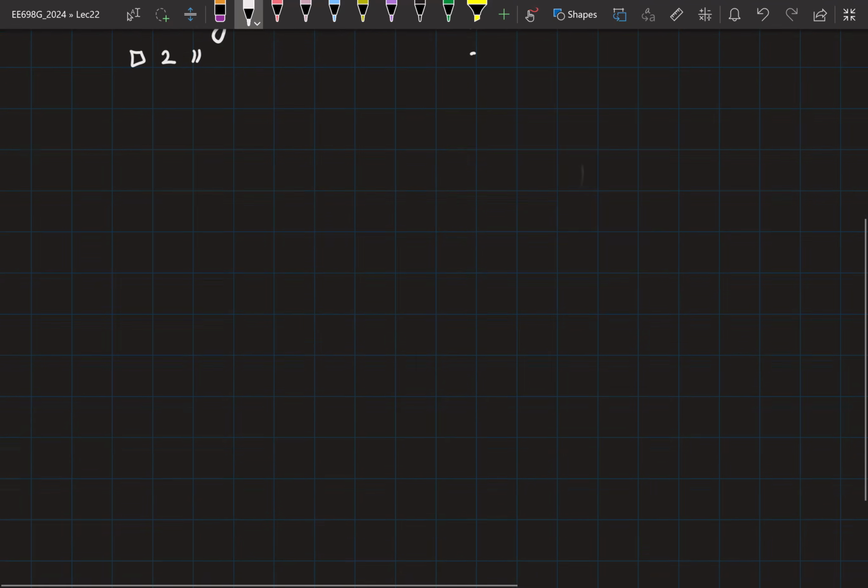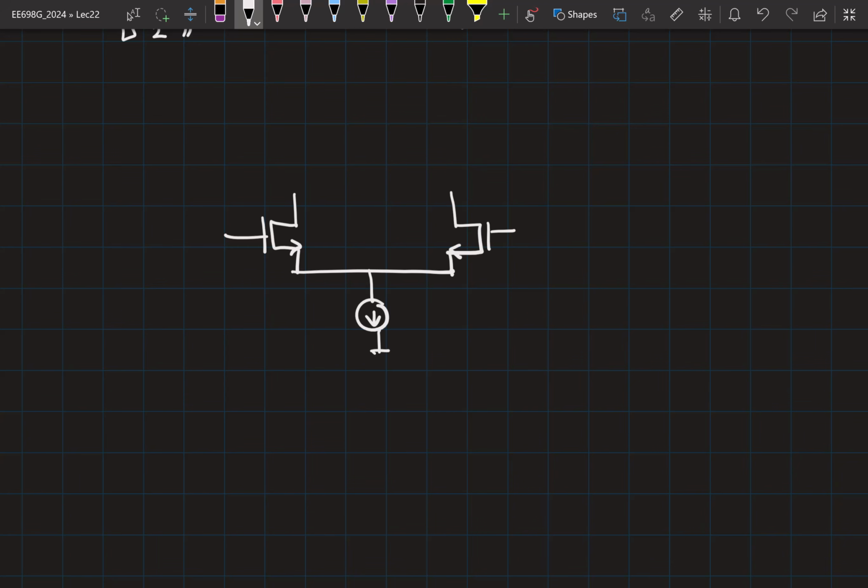Okay? So how does a differential amplifier look like? We'll have a tail current source. Let's say this has a current ISS. Typically, you would have the load here.